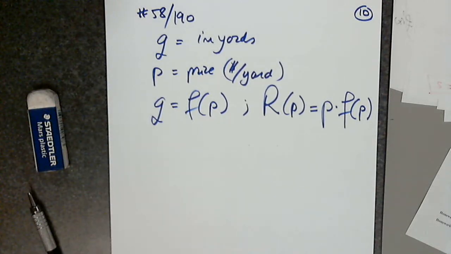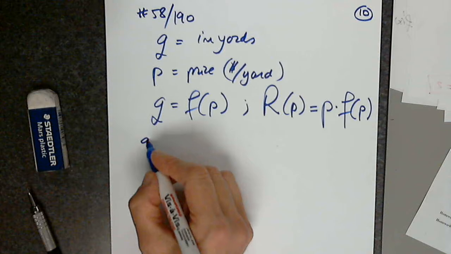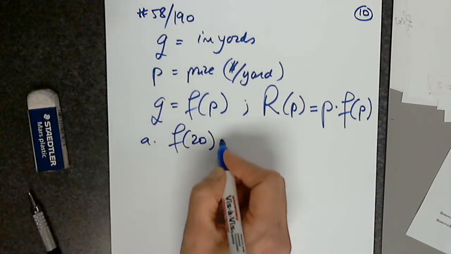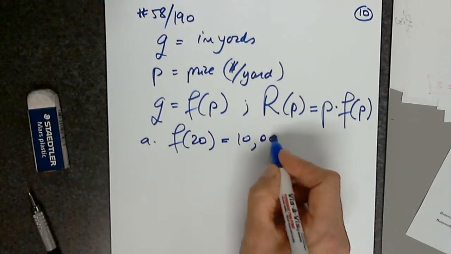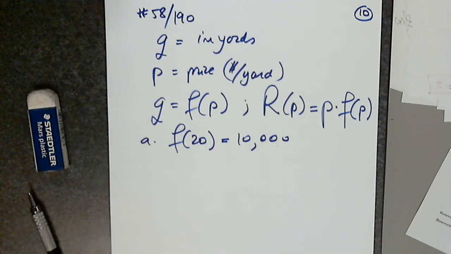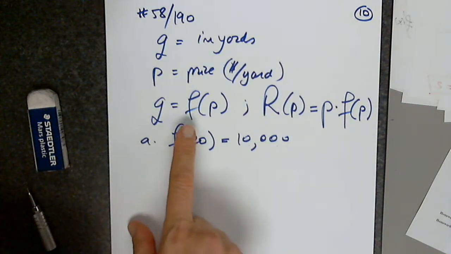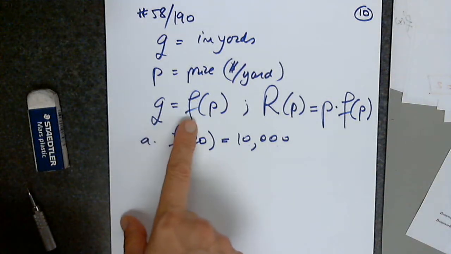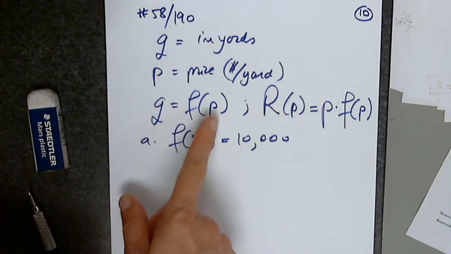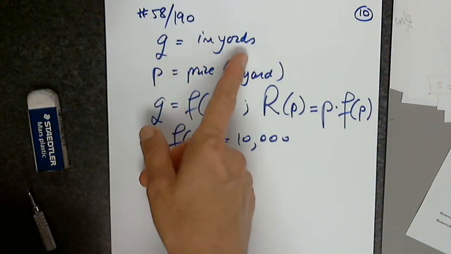What does it mean to say that F of 20, part A, F of 20 equals 10,000? So Q and F are the same thing. Q is a function of P. Q is quantity in yards.